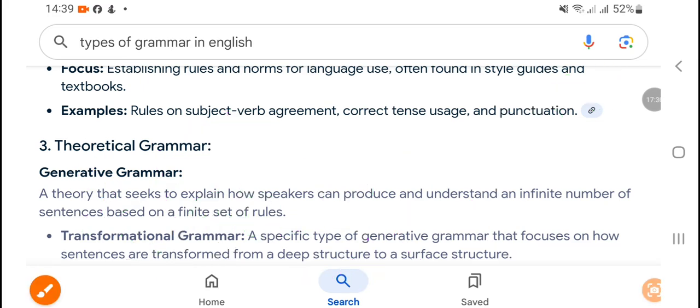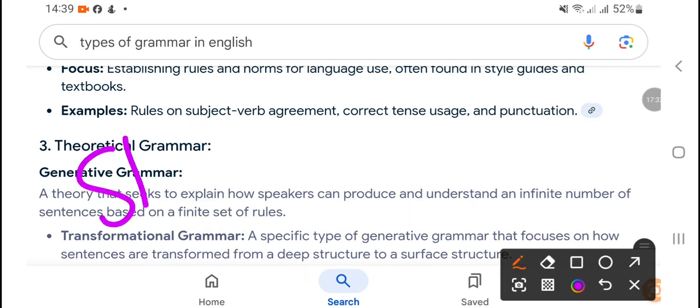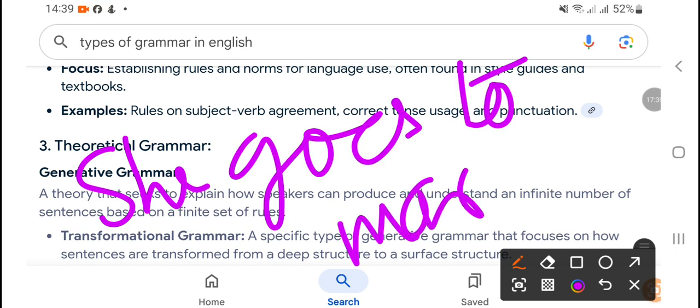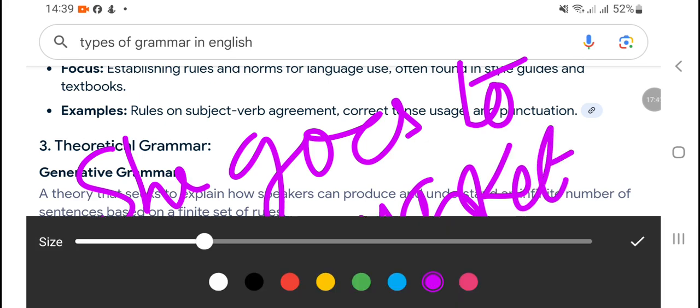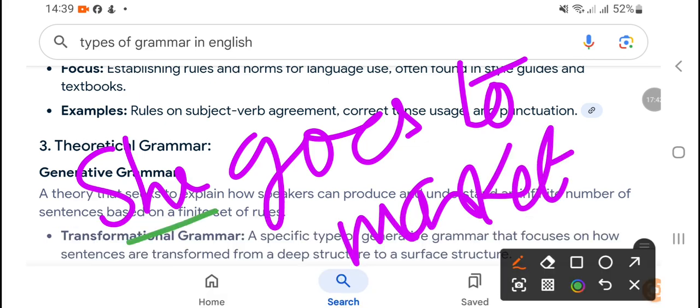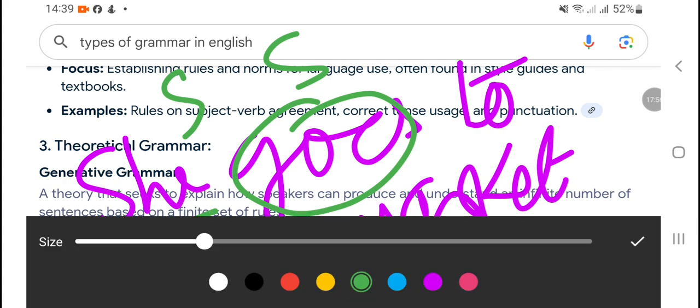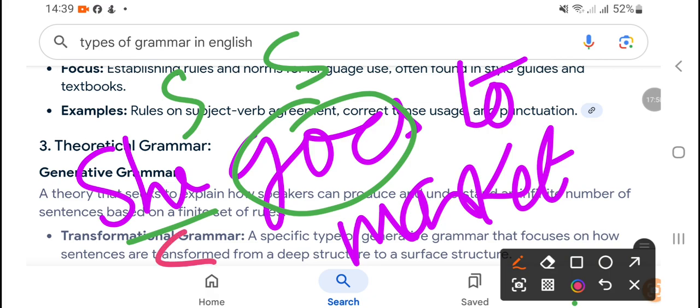Another example I'm giving you. She goes to market. Why goes? Because she is singular and goes is also singular. So that is the present tense, right? That is called subject verb agreement. She is the subject, and goes is the verb.